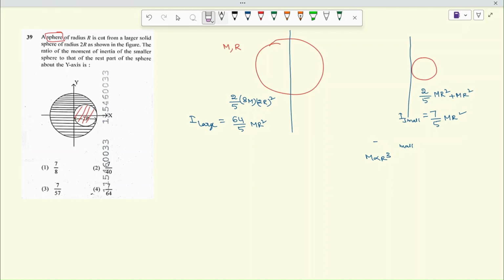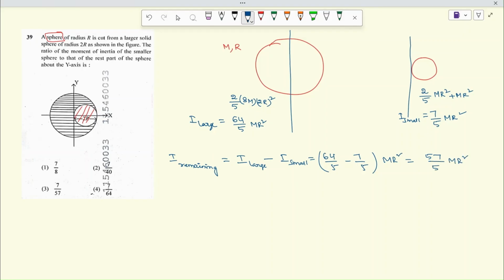Now what is the question? Let us first find the remaining portion. Moment of inertia of the remaining part after removing is moment of inertia of the larger sphere minus that of the smaller sphere. That is 64/5 minus 7/5 mr², which is 57/5 mr². Now the final step.